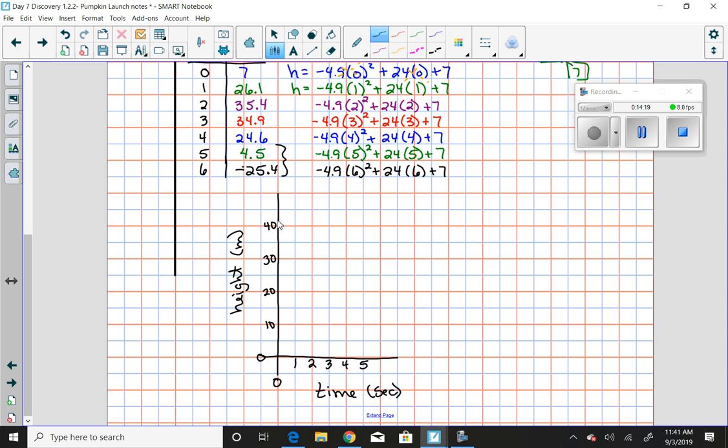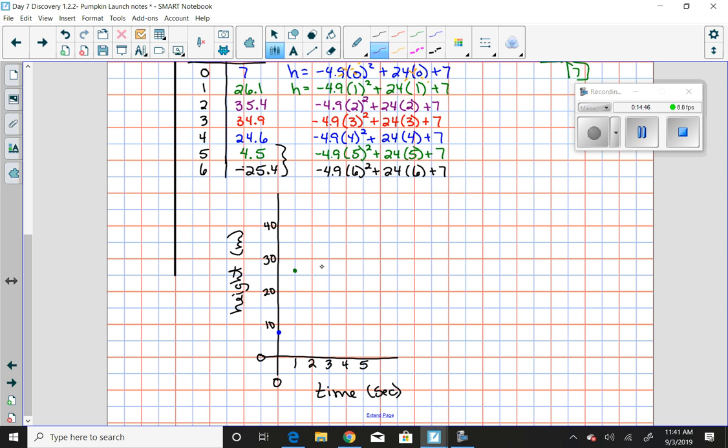All right, so now I'm just going to take my data from my table up above and graph it. So at 0, it's at 7 meters, between 5 and 10. At 1 second, it's at 26.1. So here's 20, 25, and 26.1 is a little bit higher than that. At 2 seconds, it's 35.4.